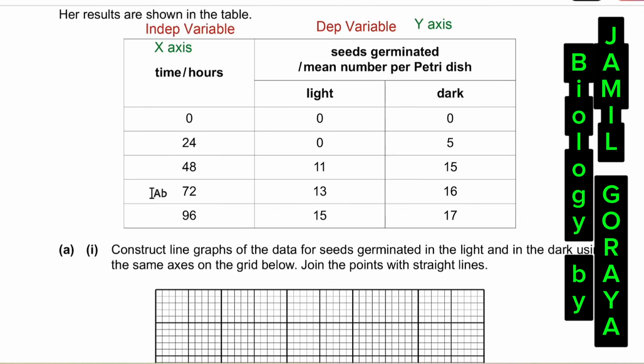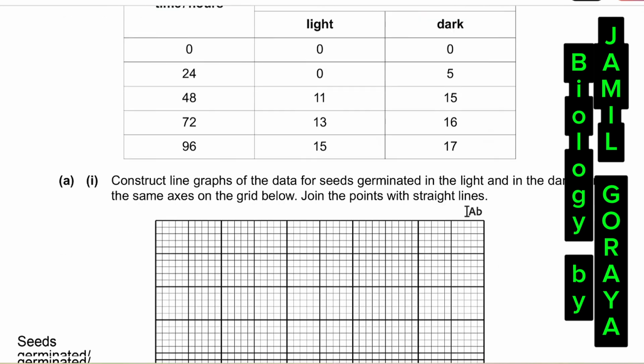On the y-axis, as we have to plot both data, light and dark, so carefully look at the values. Both are starting from 0. It's maximum till 15, and it is 0 to 17. So very easy.